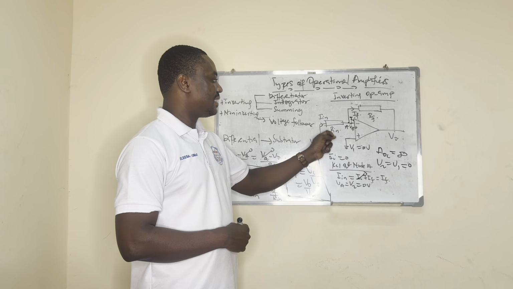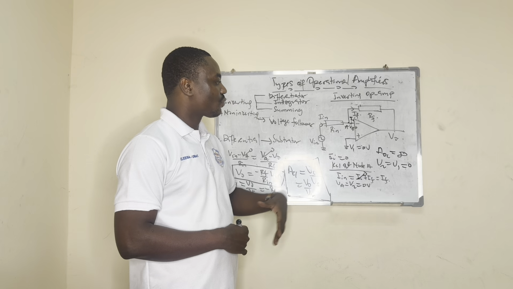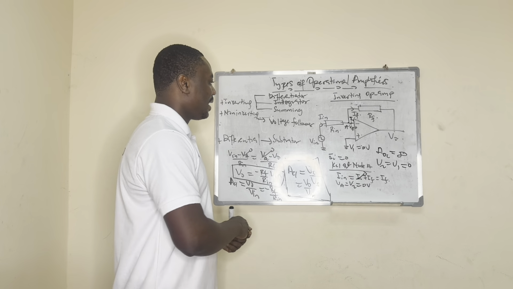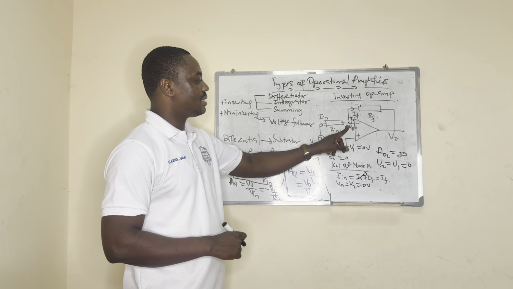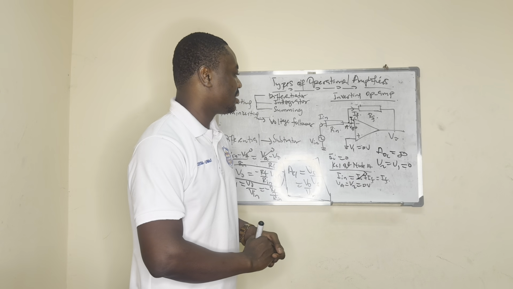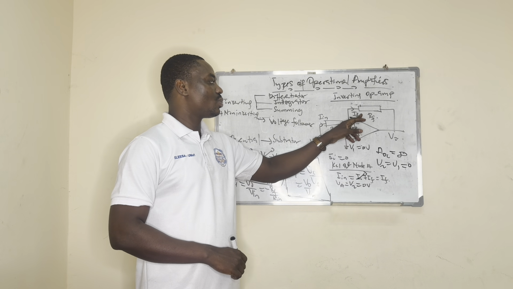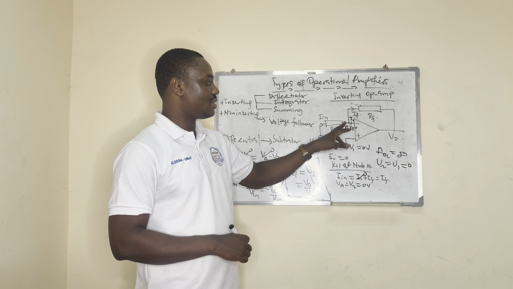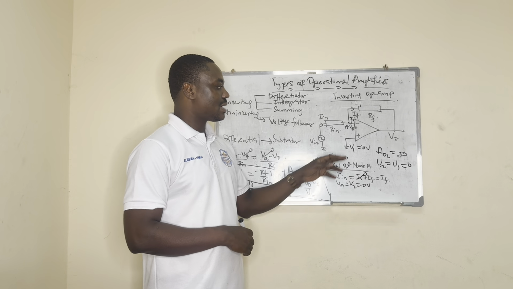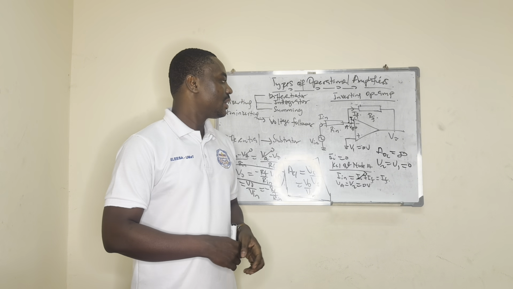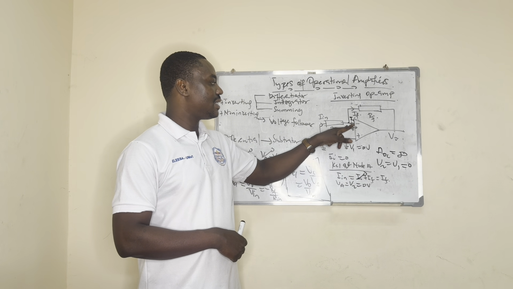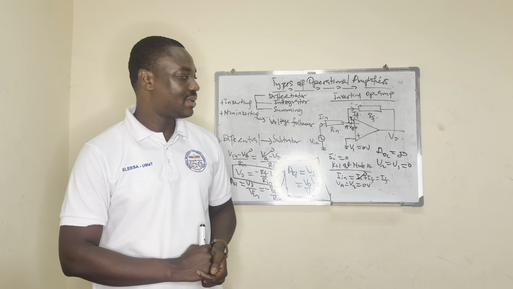In doing so, we can locate a node here, or a junction, where three terminals are interconnected. We can label it node A. At node A, you can see that we have current entering the inverting terminal.